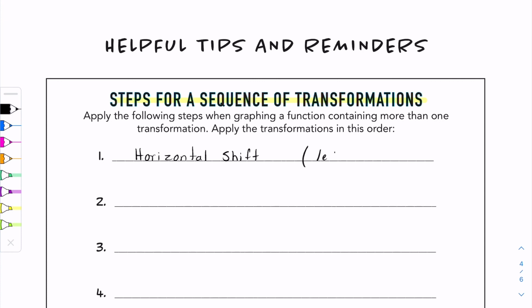That means if you're shifting left or right, you need to do that first. The second step is to perform any multiplication, so dilations. This means if you are stretching vertically or compressing vertically.